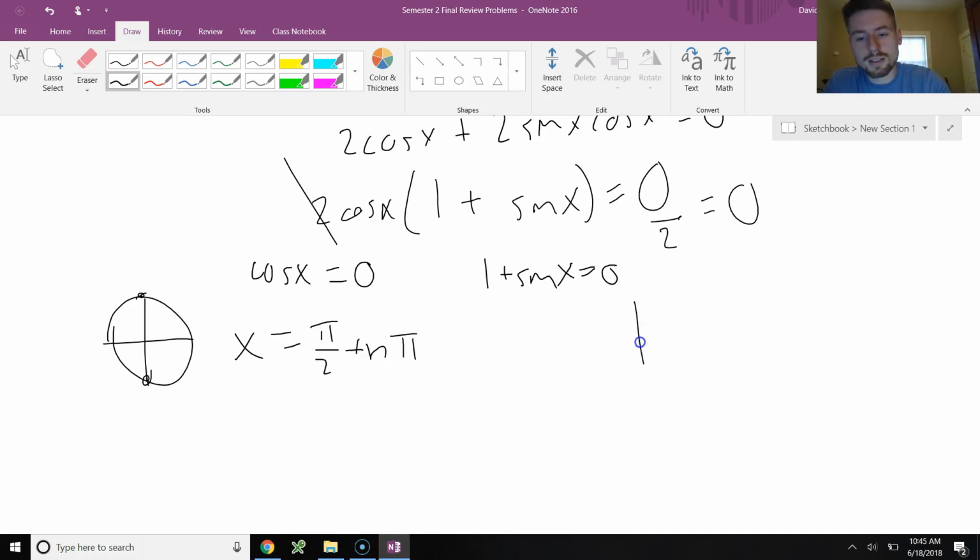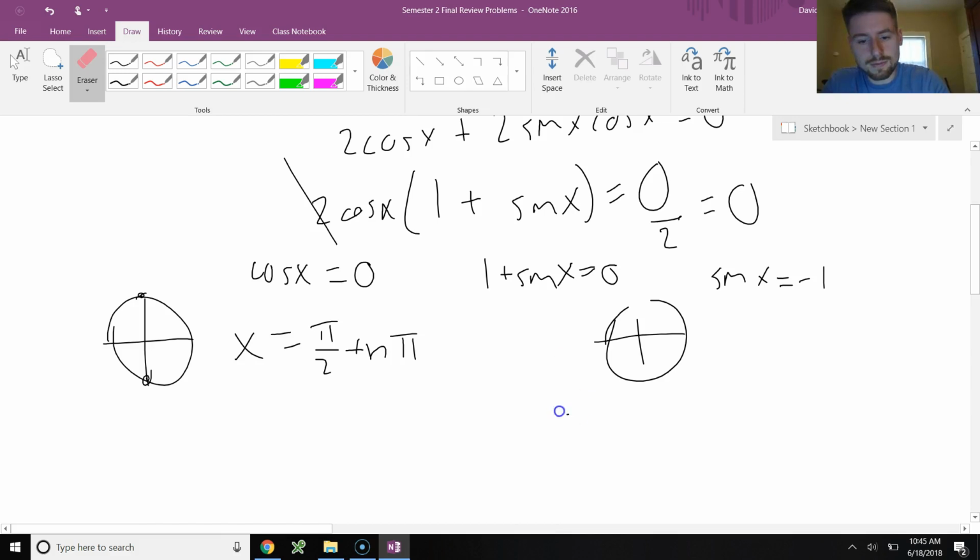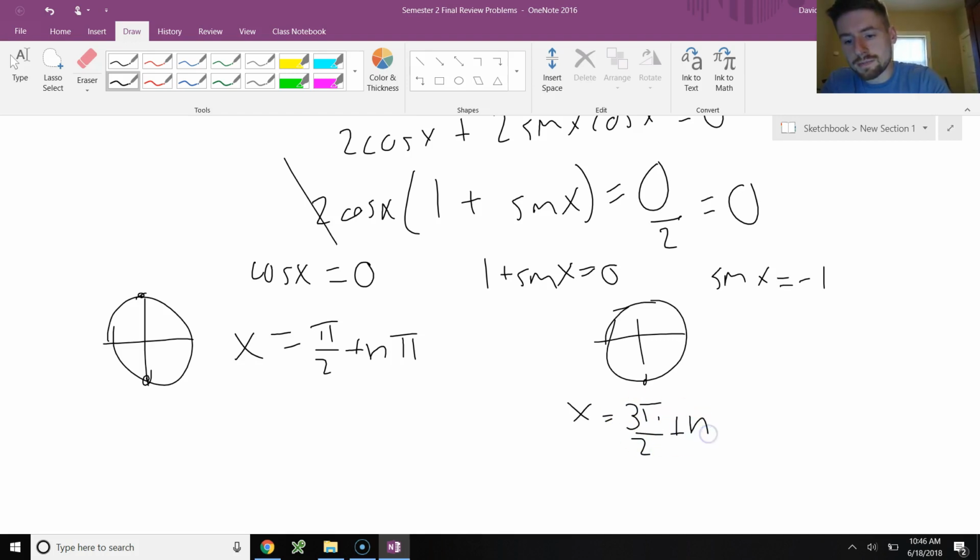And for the second, 1 plus sine x equals 0, so that means sine x equals negative 1. Not the top, but the bottom of the unit circle. This is x equals 3 pi over 2 plus a multiple of 2 pi.